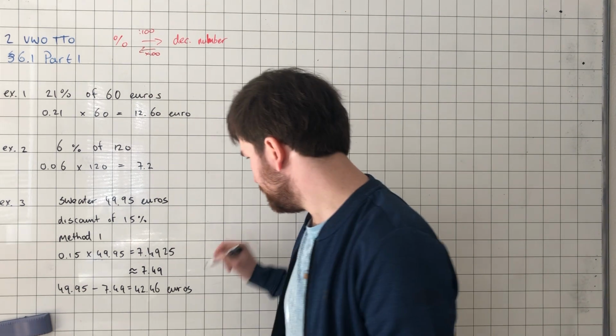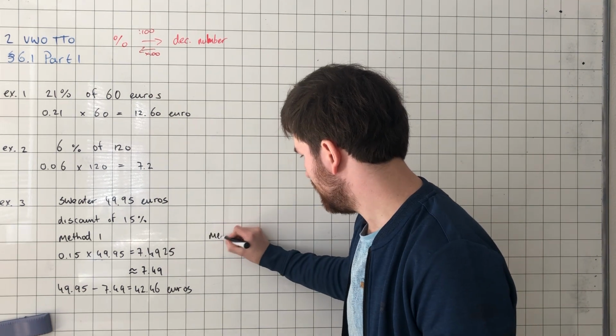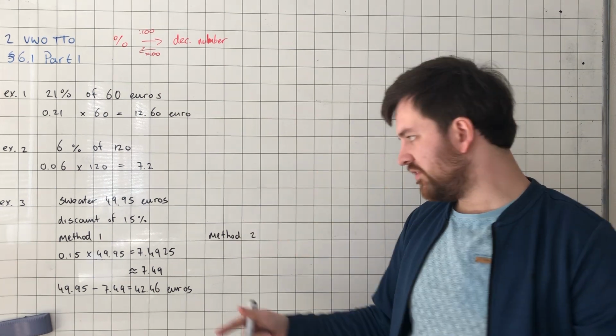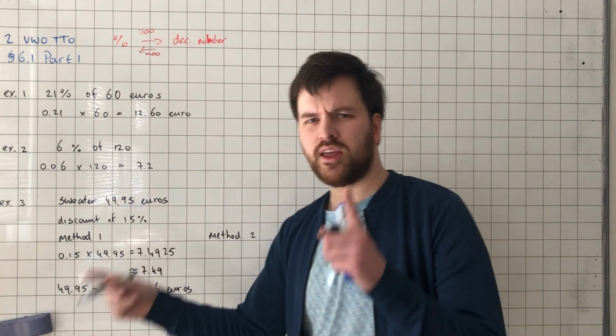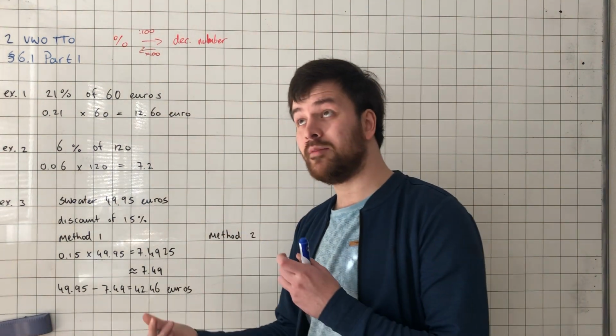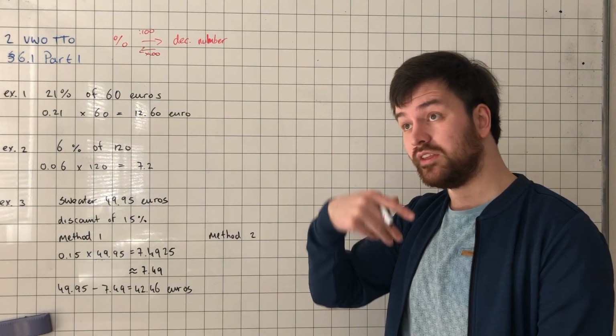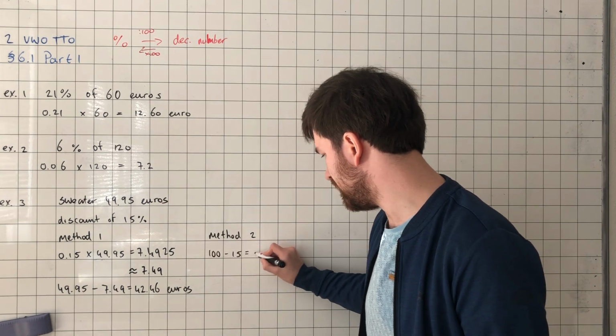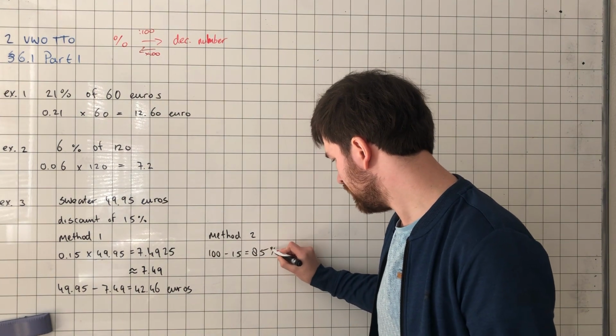The other method is somewhat similar, but we're going to start with the percentages and subtracting them. If you get a discount of 15%, it means you have to pay 85% of the original price, because 100 minus 15 is 85%.